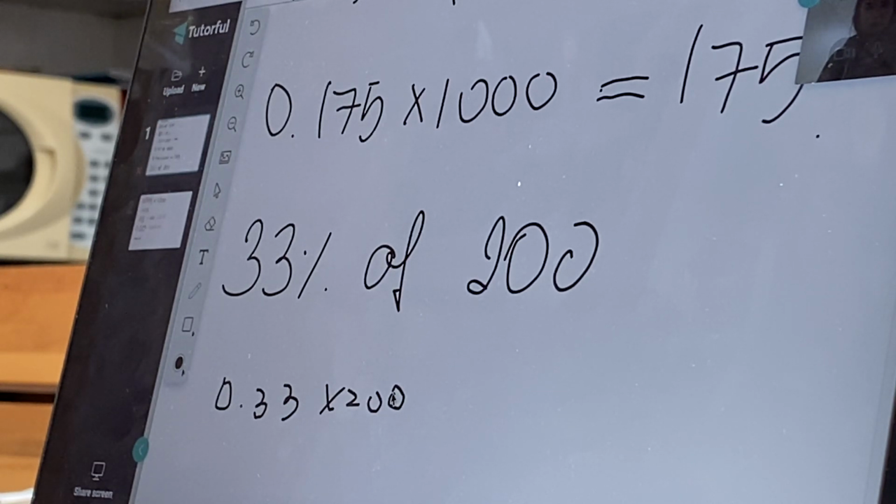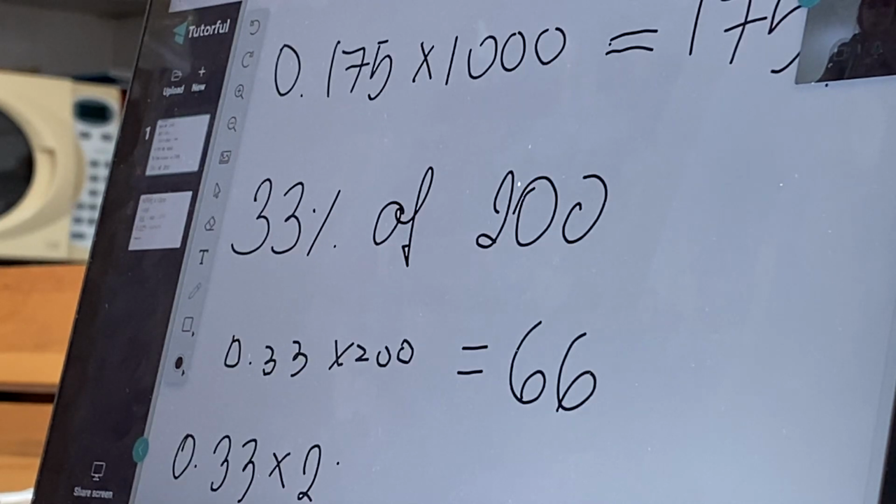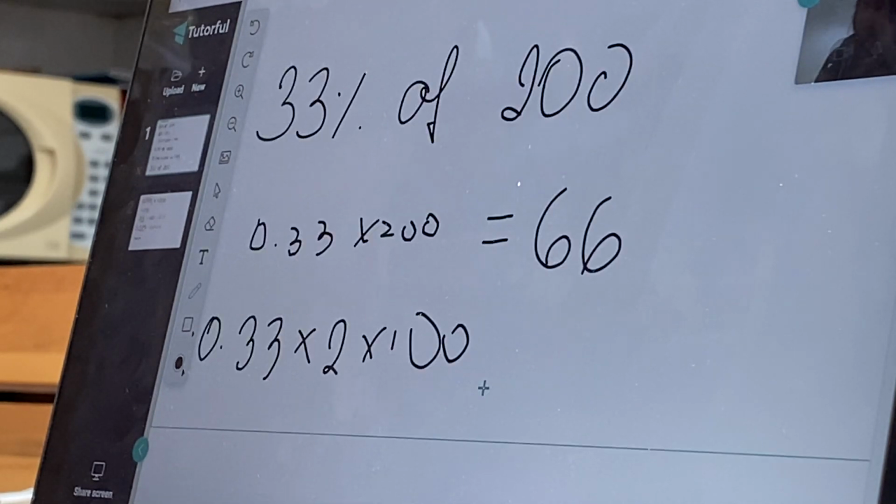Will it be 66? Perfect, exactly right. We can split this into 2 calculations. We can turn this into 0.33 times 2 times 100. So that might make things a little bit easier to solve.